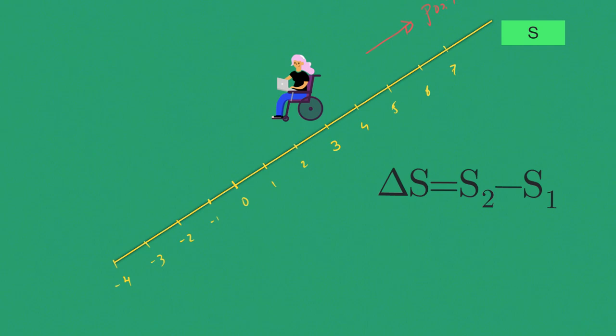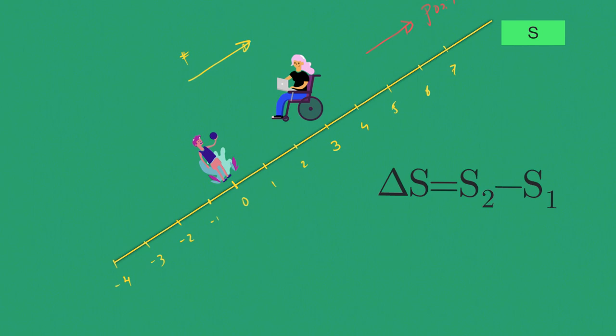So we place the observer, and we decide for this observer what is the positive direction and what is the negative direction. We have decided in this example that the positive direction is when the numbers increase in this direction.